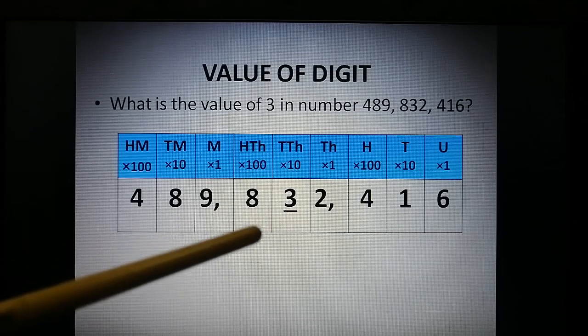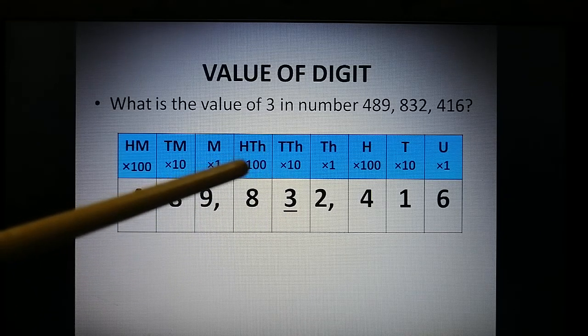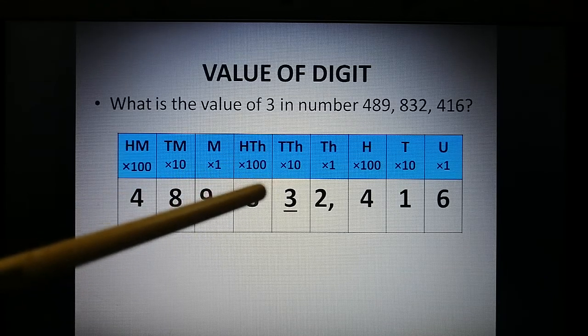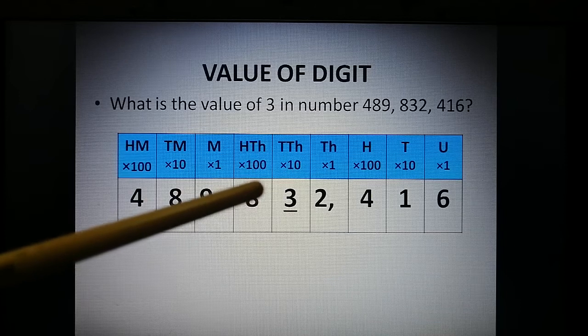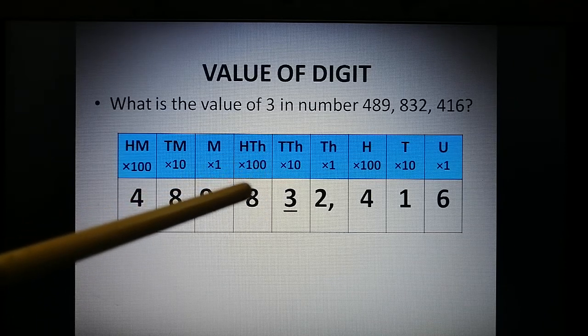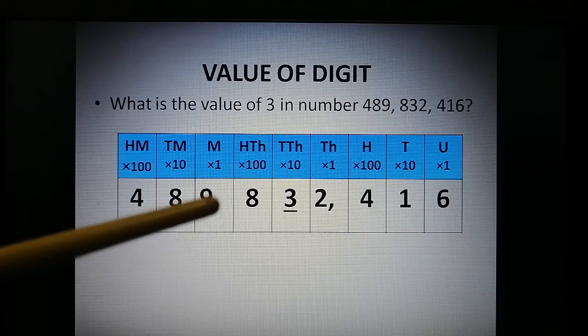Understand, beta? Next, 8. So the place of 8 is 100,000, but the value of 8 is 8 multiplied by 100,000, 800,000. Okay? Next is 9.